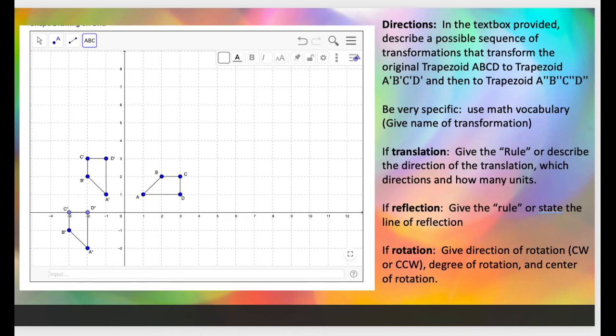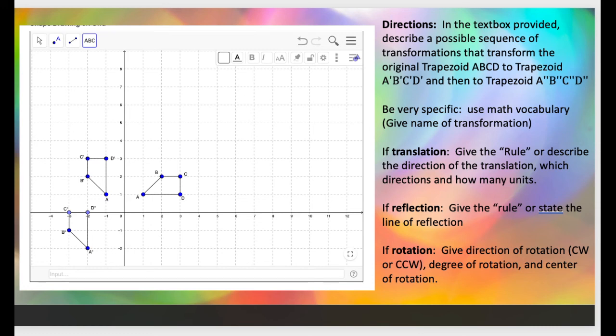You're going to describe the possible sequence of transformations that transform the original trapezoid ABCD to trapezoid A prime, B prime, C prime, D prime, and then to trapezoid A double prime, B double prime, C double prime, D double prime. Again, make sure you're very specific using math vocabulary, giving the name of the transformations.